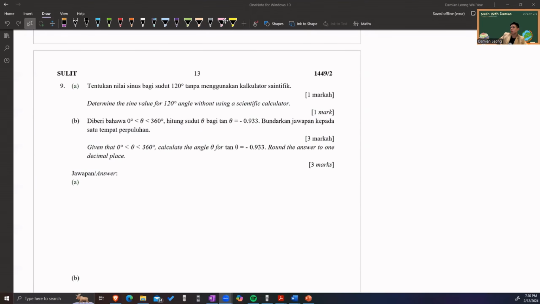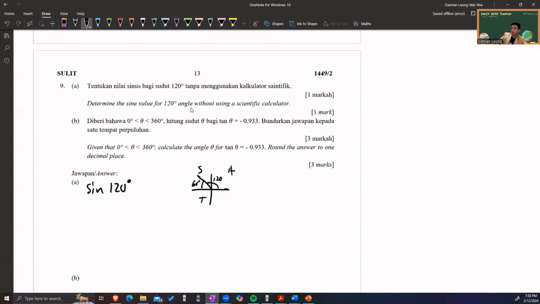Determine sine value for 120 degrees angle without using a scientific calculator. So sine 120 degrees. Okay, if we sketch the quadrants, 120 means until here. So the reference angle, 180 minus 120 is 60.